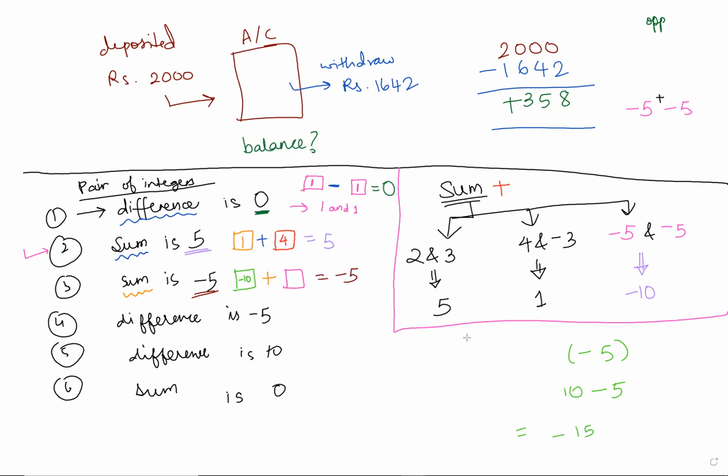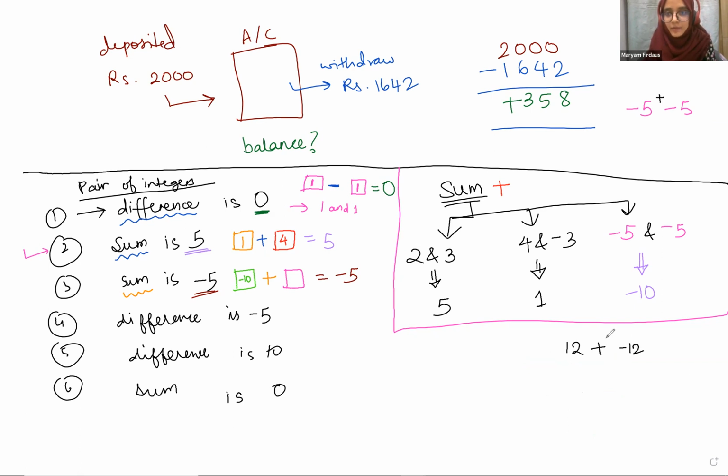But for the first question, difference is 0. If I didn't write 1 minus 1 and instead I wrote 12 plus minus 12, will it be okay? It won't, because they're asking difference is 0, not sum is 0. 12 plus minus 12 is nothing but 12 minus 12, and that is equal to 0.